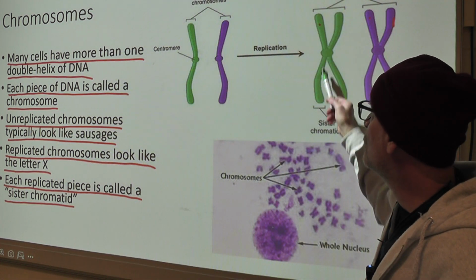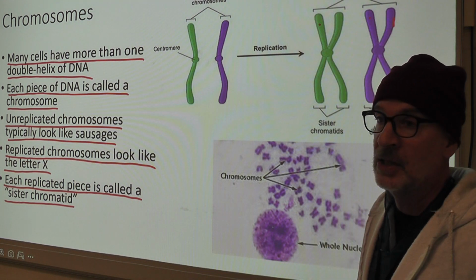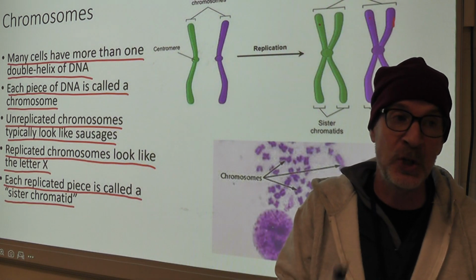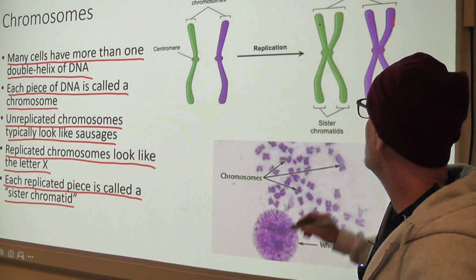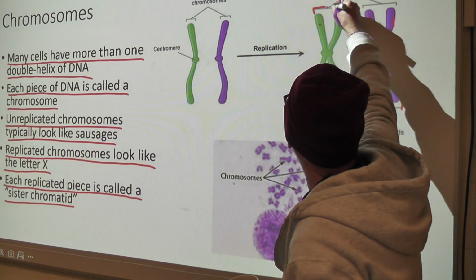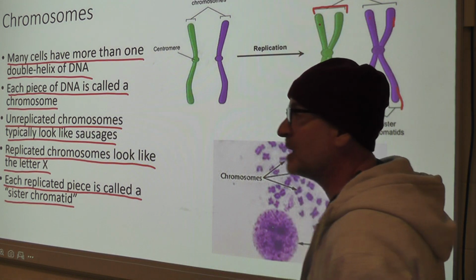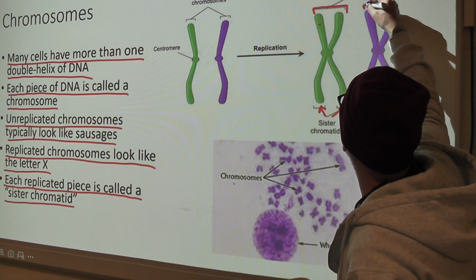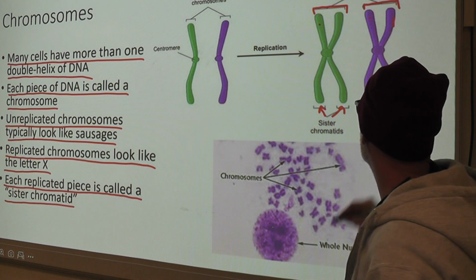This is two chromosomes attached together, and this is two chromosomes attached together. Probably that's what we would do if we were to start over, but it's too late. So instead, we call this one chromosome that consists of two identical sister chromatids. This is one chromosome that consists of two identical sister chromatids.